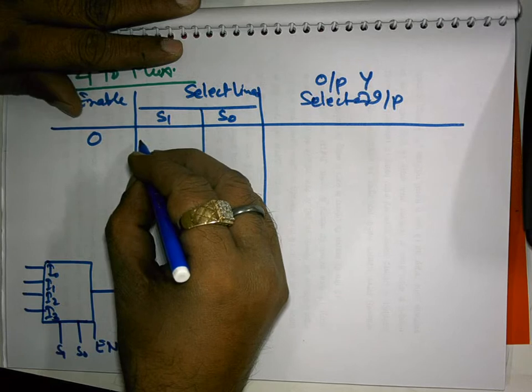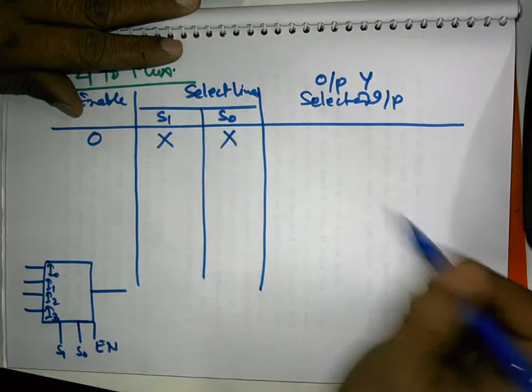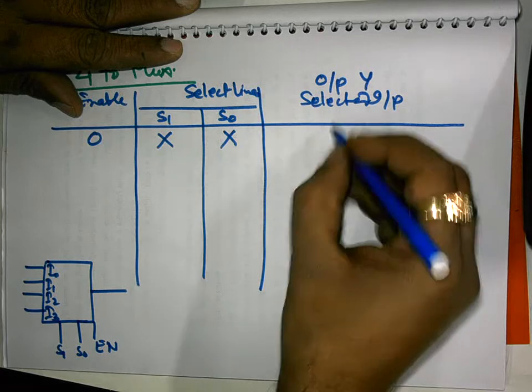If enable is 0, whatever we apply at the select lines, the output is 0.